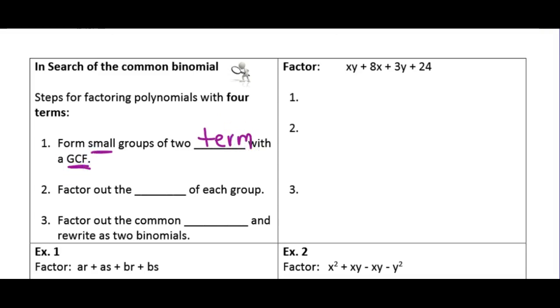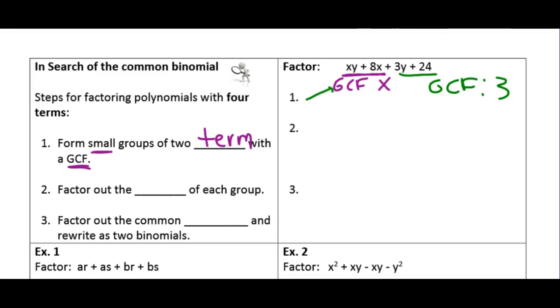So if I'm looking at this problem, I look at that group. They have a GCF of X. Then I'm going to look at the second group. They have a GCF of 3. Sometimes I have to move things around. Sometimes it works out well. So that's my first step, is just determining my GCF.